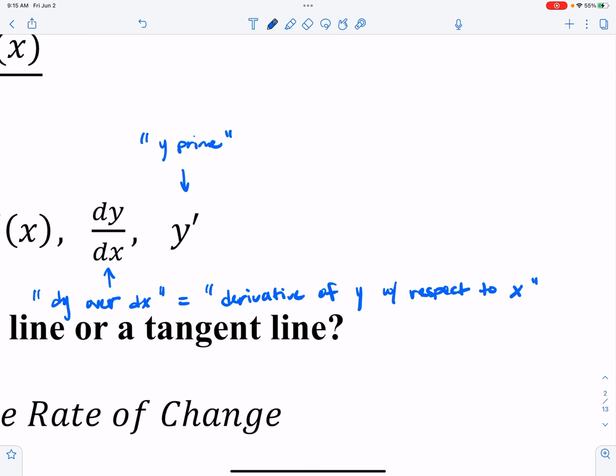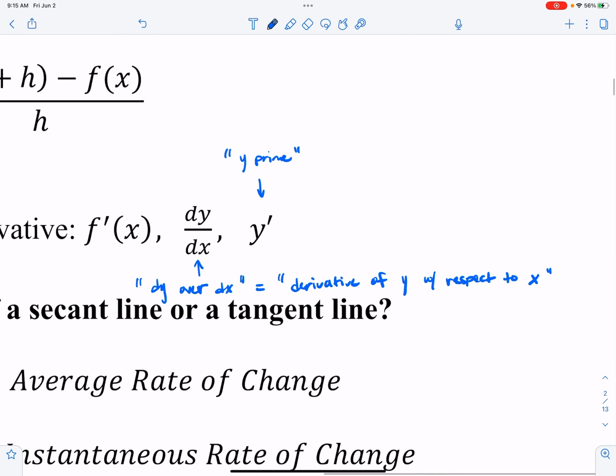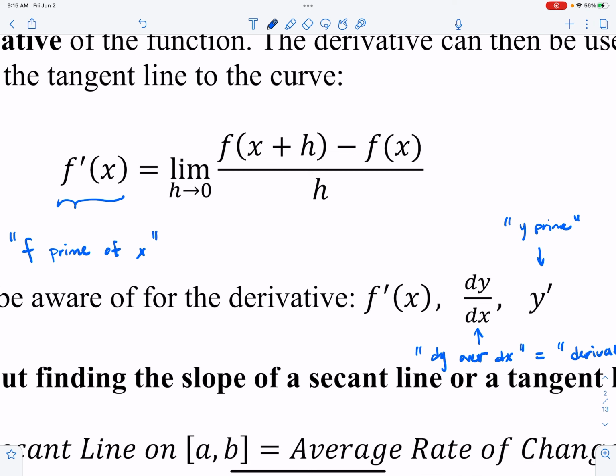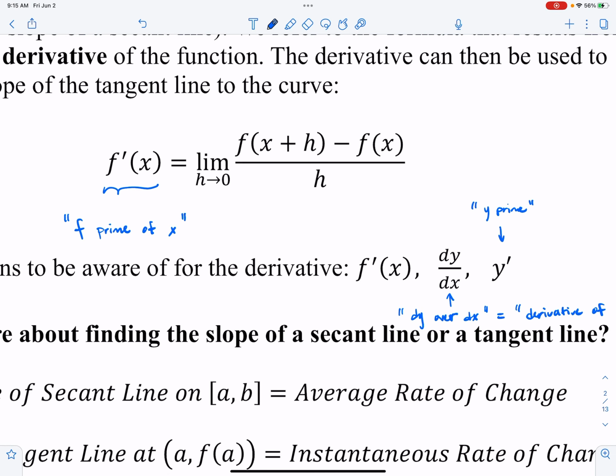Because the derivative is a formula that tells us how y is changing with respect to x at that point. X being the independent variable, y being the dependent variable. So dy over dx and y prime are usually used whenever you have a function that's in the form y equals. And then f prime is used when function notation is being used to represent a function. So like if you're trying to find the derivative of g of x, you would say g prime is the derivative.